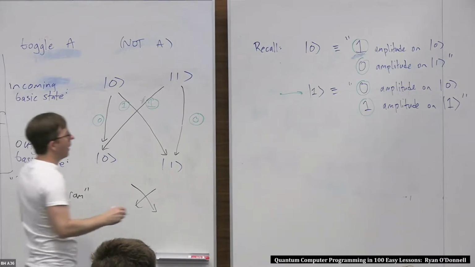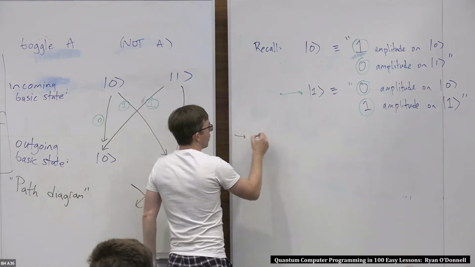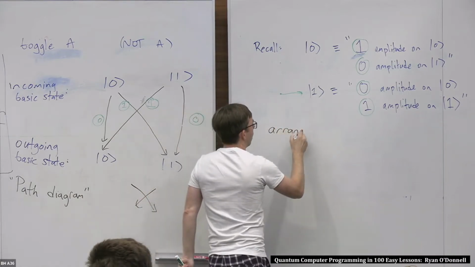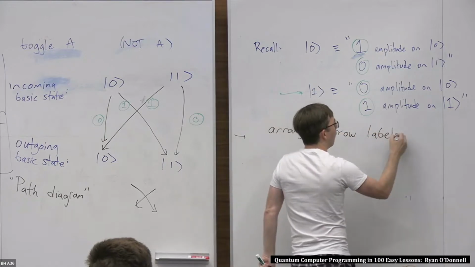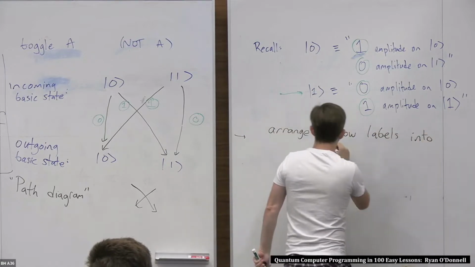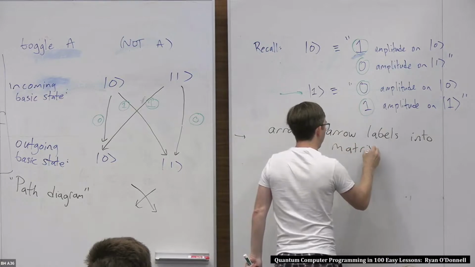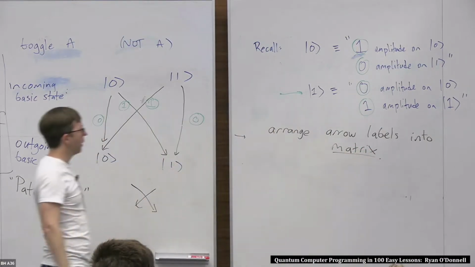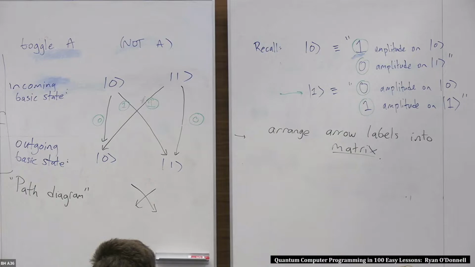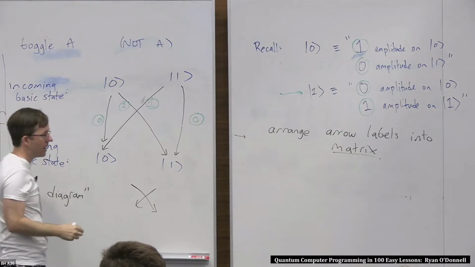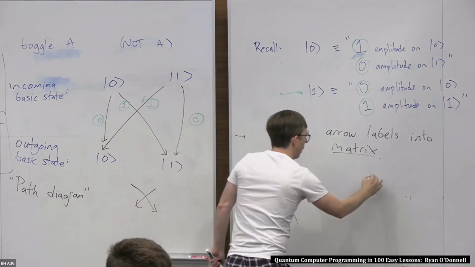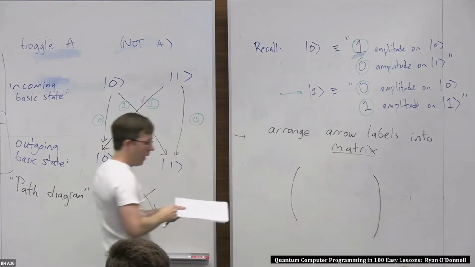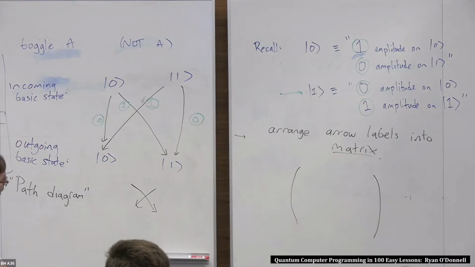And it's to, you can also arrange the arrow labels into a matrix. So if you have a qubit instruction that operates on 1 qubit, so there are 2 incoming states and 2 outgoing states, this will be a 2x2 matrix. Here's how you've got to remember it.